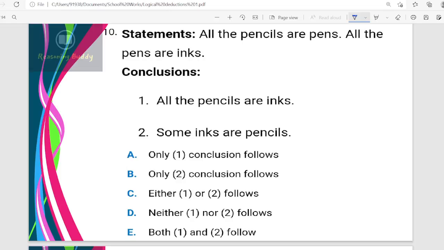Oh, just a second. Do this sum. I'm giving you time of 1 minute. Just a second. Do this.